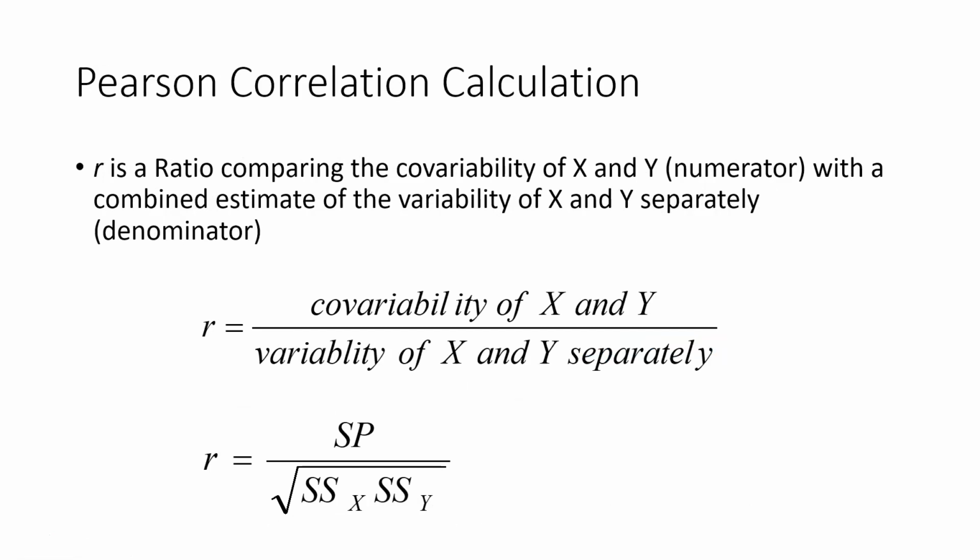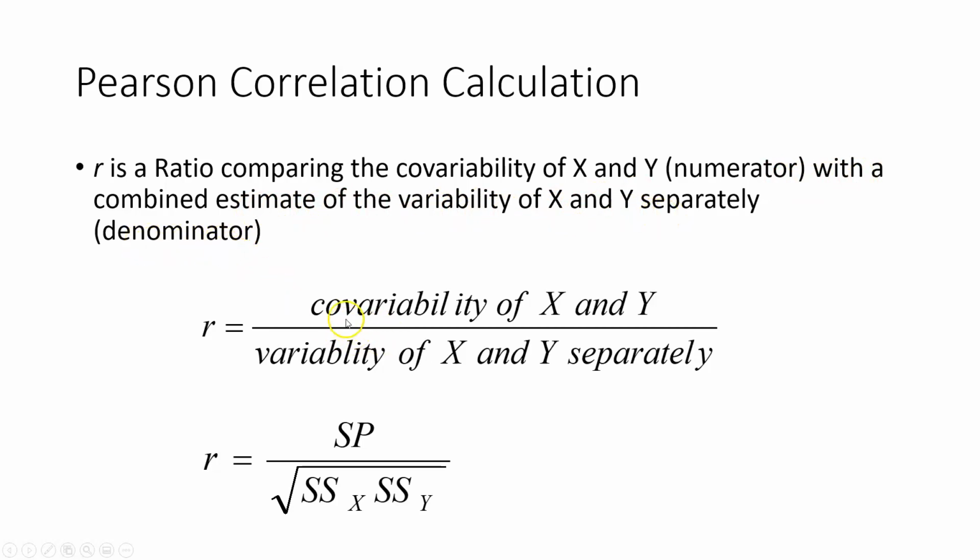In order to compute the R, remember that R is a ratio comparing the covariability of the two variables in the numerator with a combined estimate of the variability of x and y separately in the denominator.